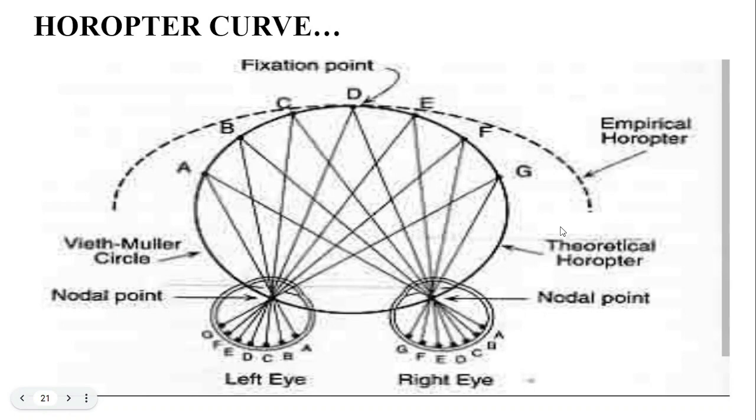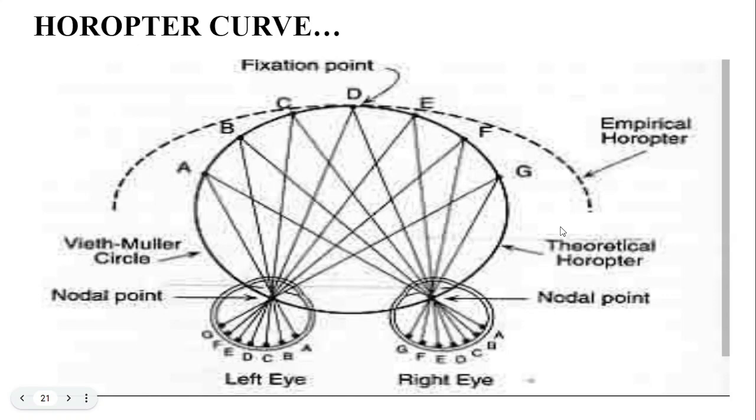Horopter curve. The Müller circle is a theoretical or mathematical curve that describes the longitudinal horopter when corresponding points have a regular horizontal distance from the two retinas. It passes through the central or rotational point of the two eyes and the fixation point.